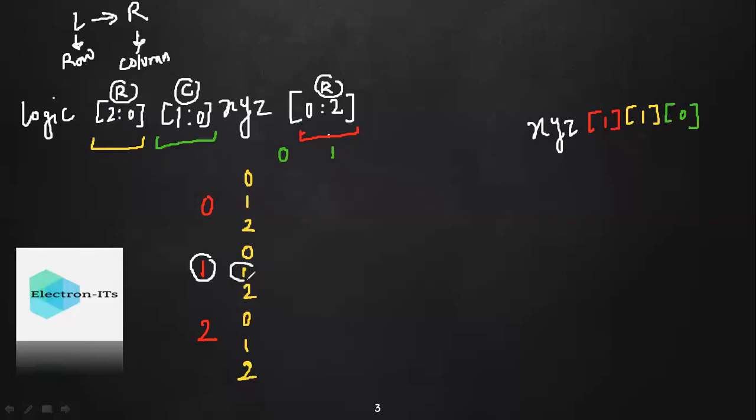So 1, and then you will focus on this 0, which is column 0. So the element will be present here in column number 0. Okay, so this element will be located at this place, right? This is how we can represent it in different form.